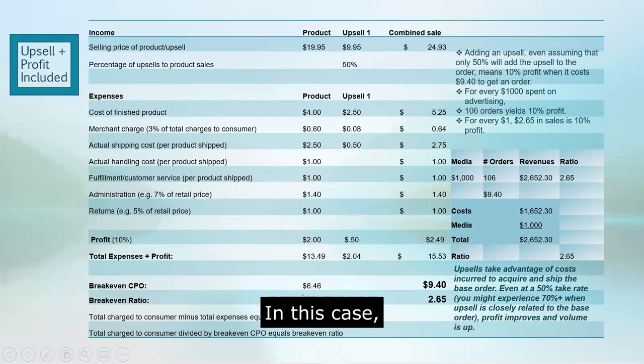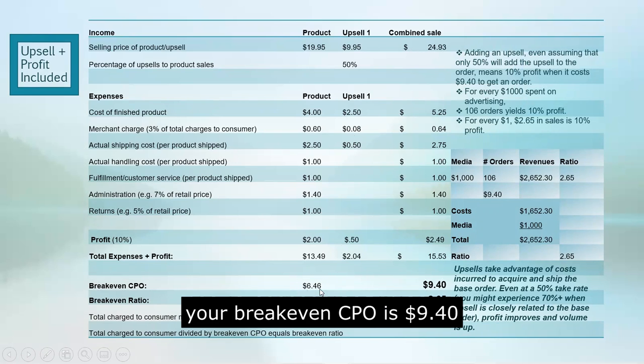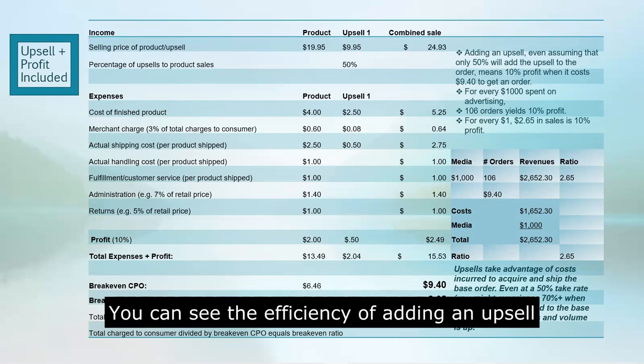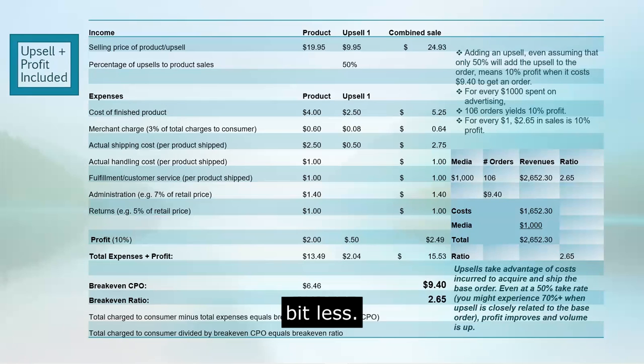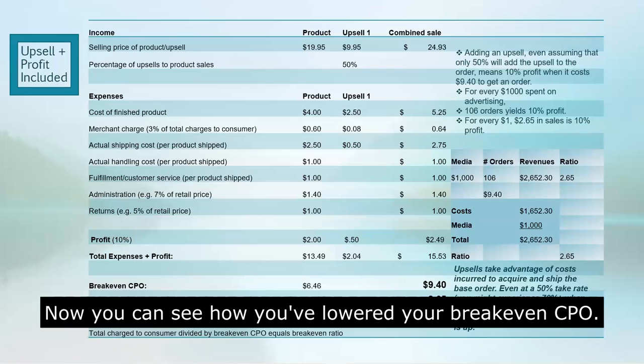And in this case, your break-even CPO is $9.40 for the combined purchase. And you can see the efficiency of adding an upsell because your cost to ship is a little bit less, and all your costs are a little bit less when you can add one into the same package with the initial product. So now you can see how you've lowered your break-even CPO.